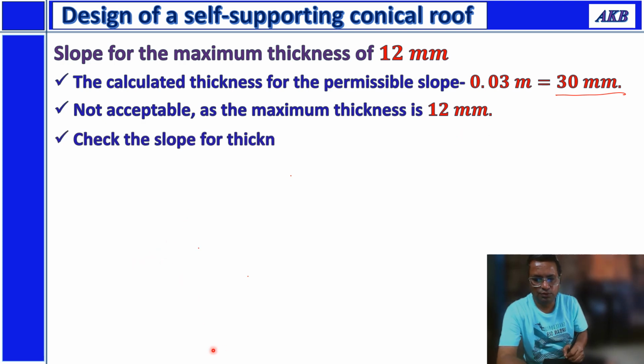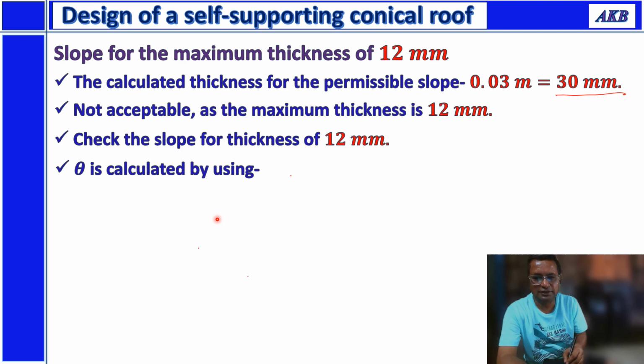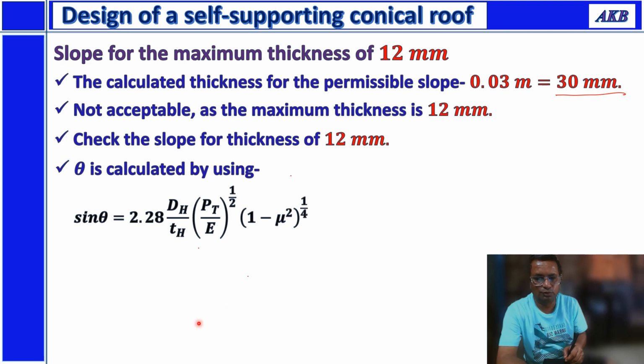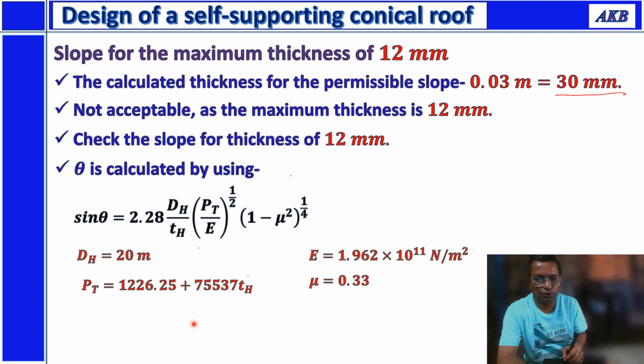So what we will do next is check the slope of the roof for a thickness of 12 mm. Theta is calculated by using sin theta, we know this equation. All values are known to us. You just have to put the values. So I'll rewrite those values for you.